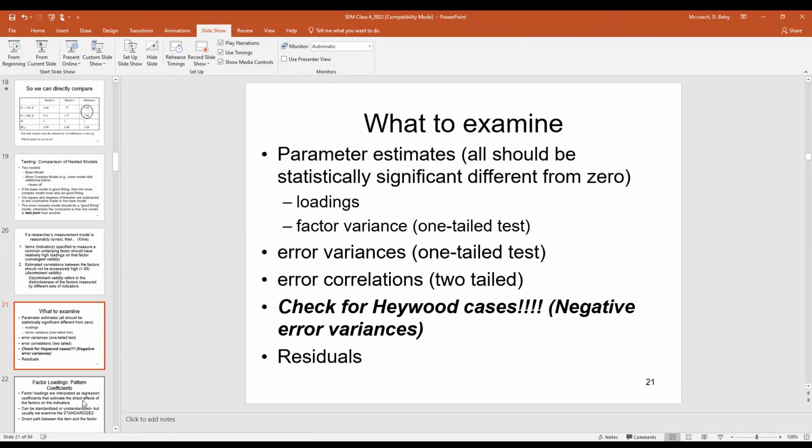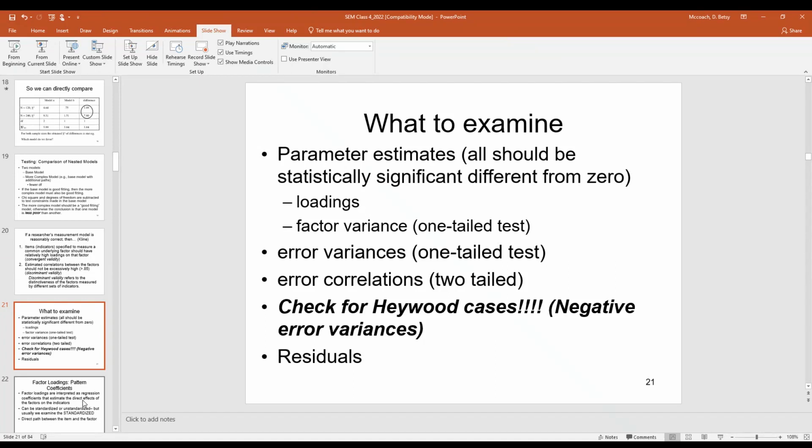And again, this presumes I'm using a marker variable strategy, right? What does that mean if the factor variance is not statistically significantly different from 0? Well, it's in the metric of the marker variable, but if the variance isn't statistically significantly different from 0, it means there's no statistically significant variability in the factor.